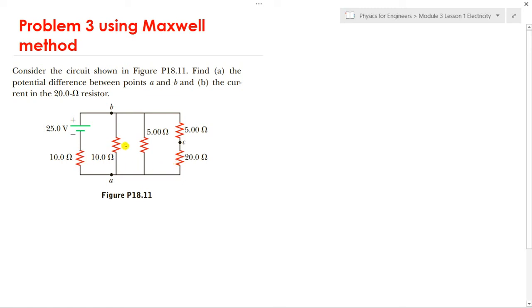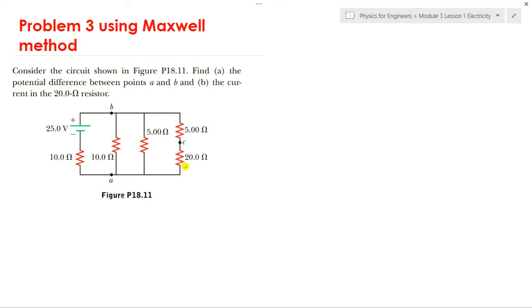So if we have 1, 2, 3, 4, 5 currents, it would be very hard for you to gather 5 equations. Of course, those 5 unknown currents will be reduced to a very small number if you know how to analyze.